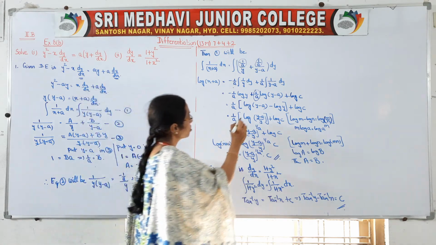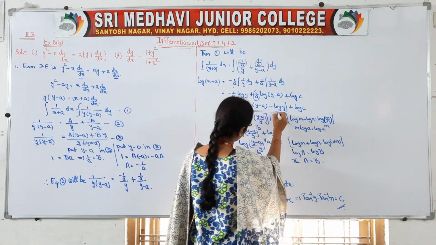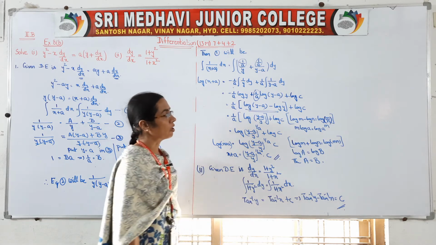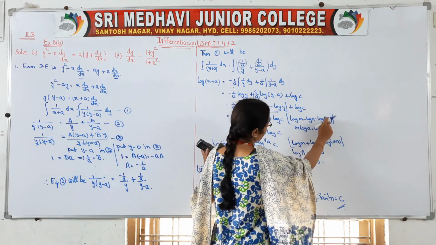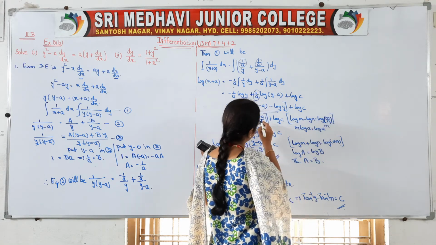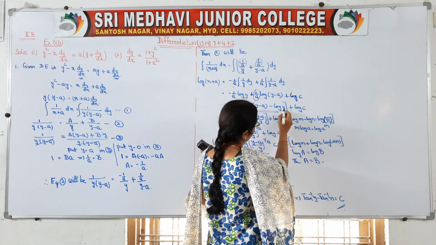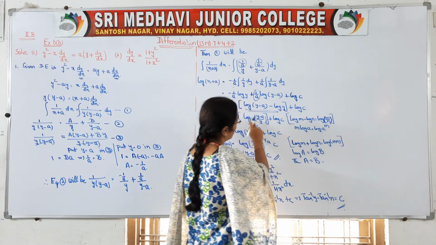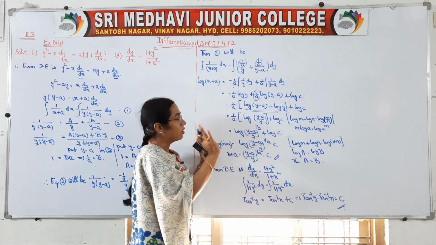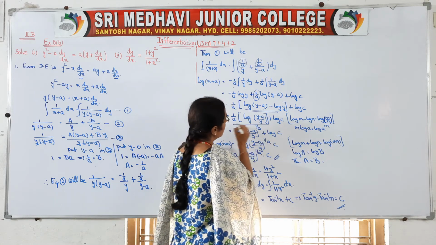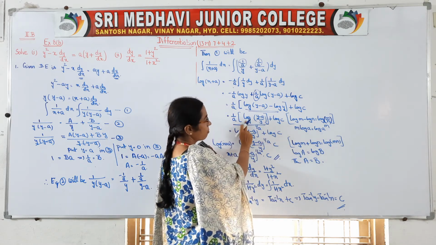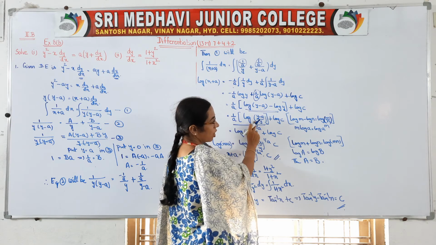Okay, first you come to here, it is of the form log m minus log n. Log m minus log n is log m by n. There is a standard formula. In the m place you are having this one, in the n place you are having this one, log of m by n. Okay, next plus log c. Now if you observe this one, it is of the form m log a, m into log a.